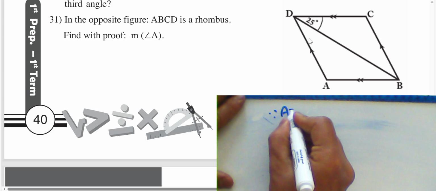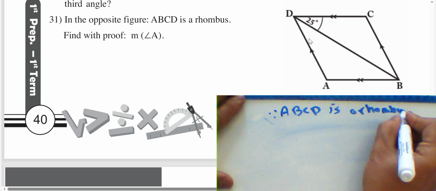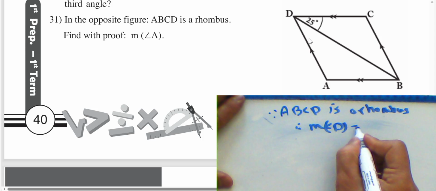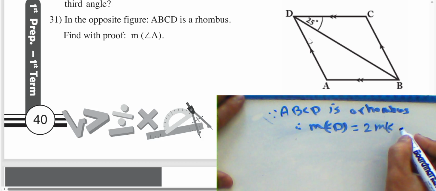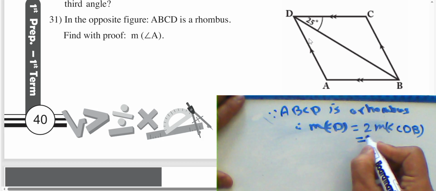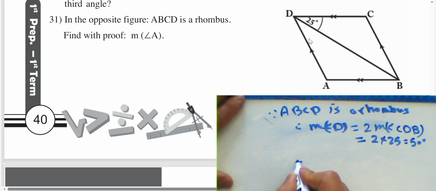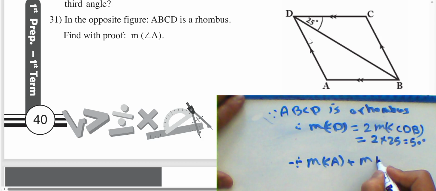Such that ABCD is a rhombus, then the measure of angle D equals twice the measure of angle CDB equals 2 times 25 equals 50 degrees. Then the measure of angle A plus the measure of angle D equals 180 degrees. We call them supplementary angles.